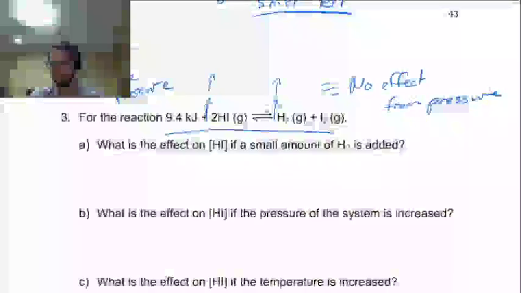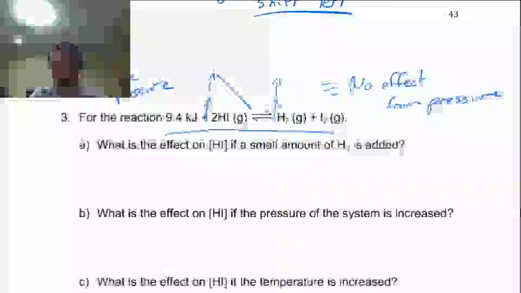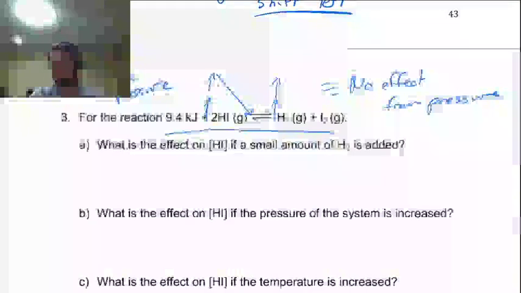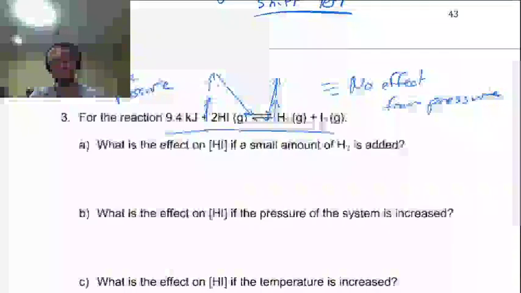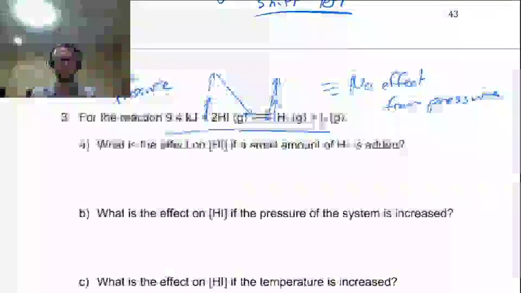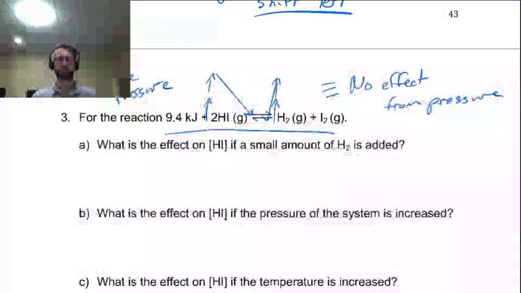Well, you can see that the effect of pressure here is kind of going from high to low. We've got one here, and we've got two here. The pressure is the same. So both reaction rates are actually increased, but the amount of change here is going to be equivalent. Hopefully that answers your question.